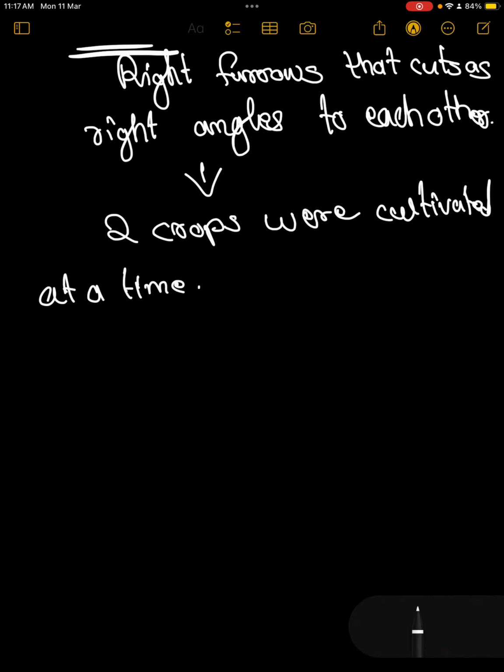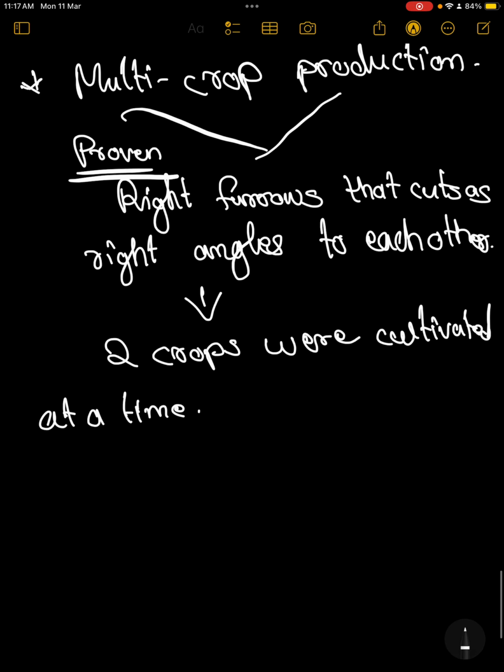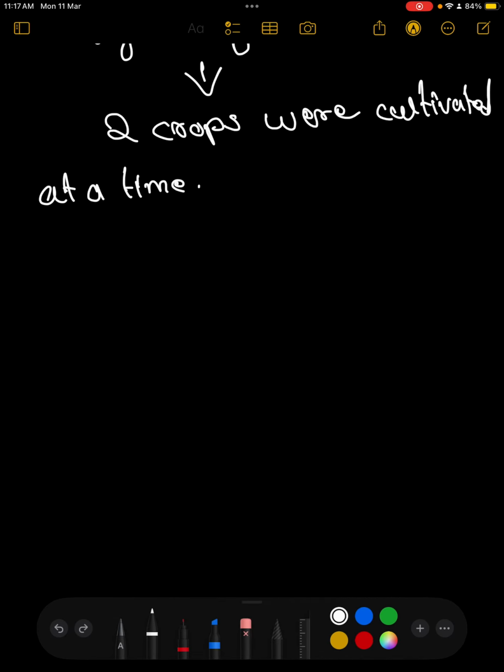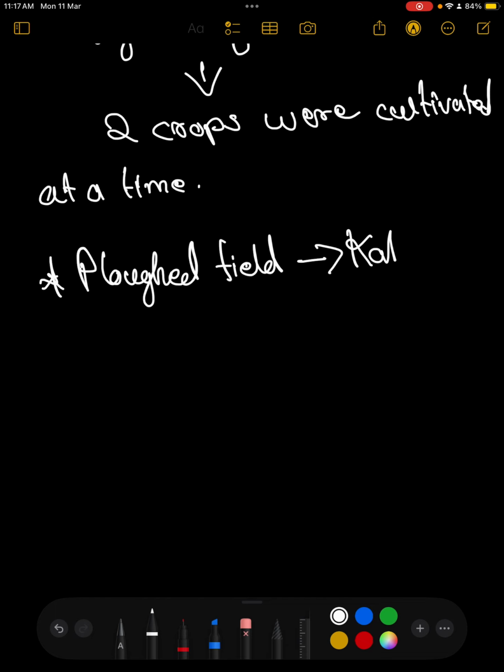Now the most important part is that we have finished till here. Now let's talk about the plough. As I told you, there were models of ploughing and all. Now we have got evidence of a ploughed field. Where was the ploughed field discovered? Kalibangan. Where is Kalibangan currently located? In Rajasthan.